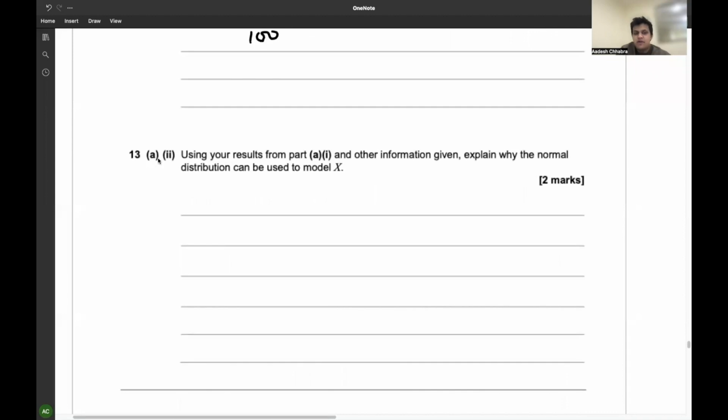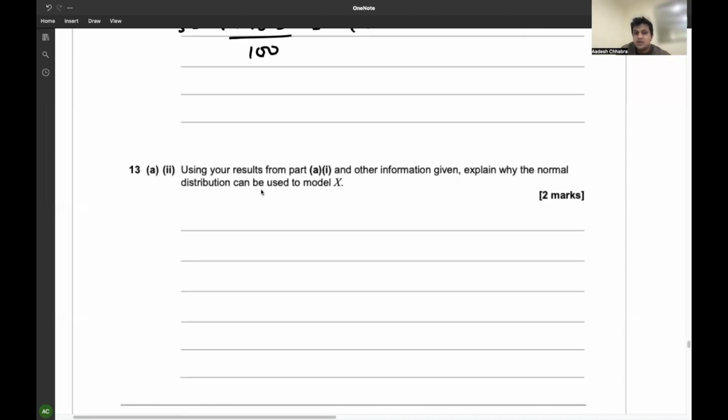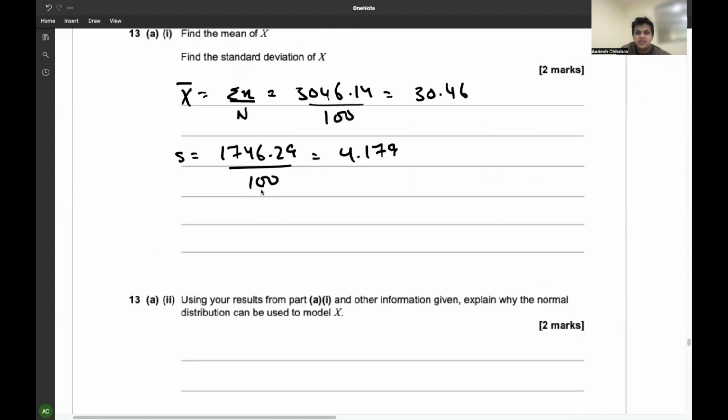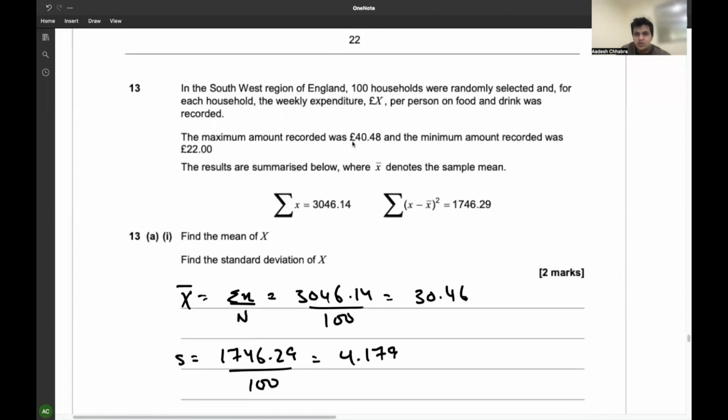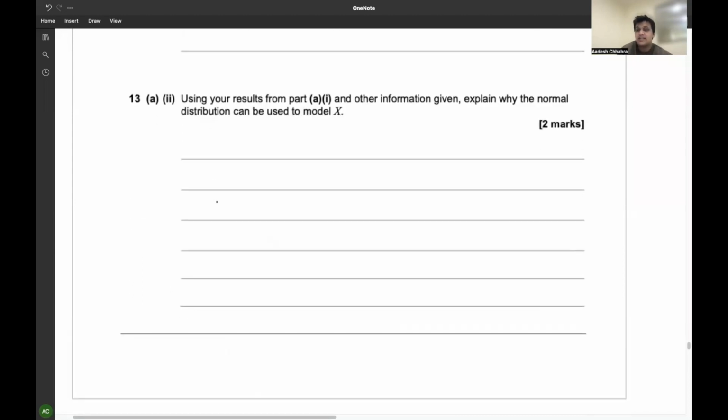In the second part for 13A, we've been asked to use our results in part A1 and any other information given to explain why the normal distribution can be used to model X. So if we look at the information, we know that the maximum value recorded was £40.48 and the minimum was 22. Now we know that normal distribution can work within values of X bar plus minus 3S.